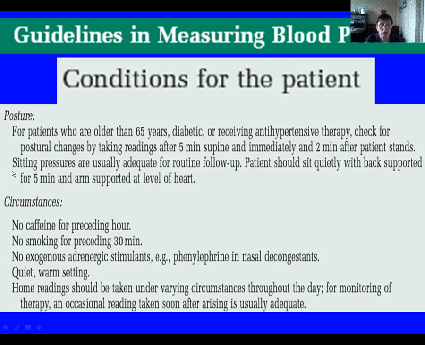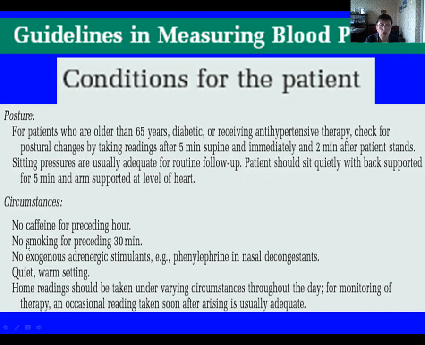Once more, for most patients we use sitting pressures during routine follow-up. So the patient should sit with back supported for 5 minutes, arms supported at the level of the heart.